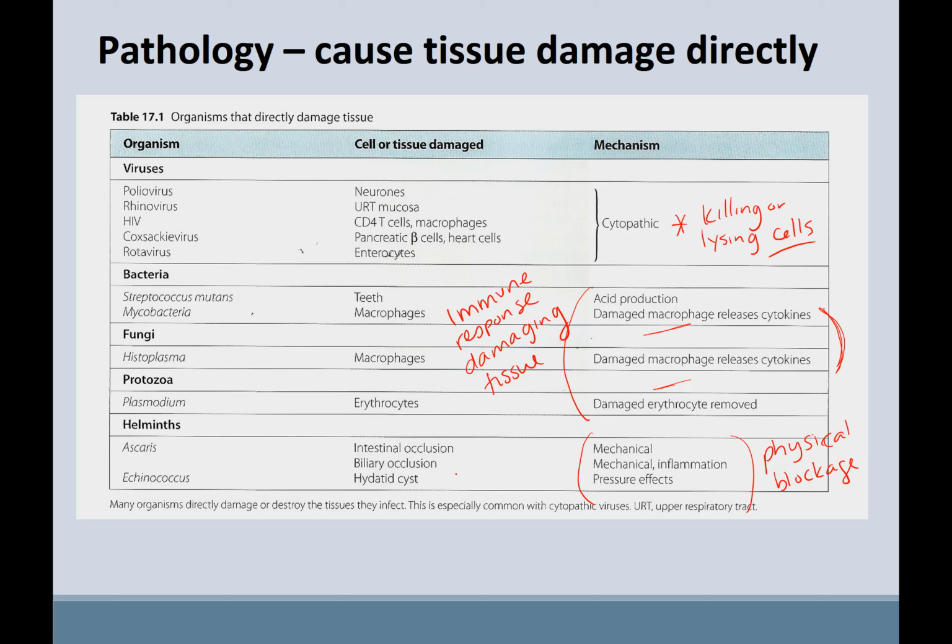So ducts can be blocked, intestines can be blocked, and these are examples of the worm. You can imagine these are way bigger than bacteria or viruses, but even sometimes a fungal infection can grow in such a mass that it physically blocks movement of cells or movement of fluids, and that can result in tissue damage.